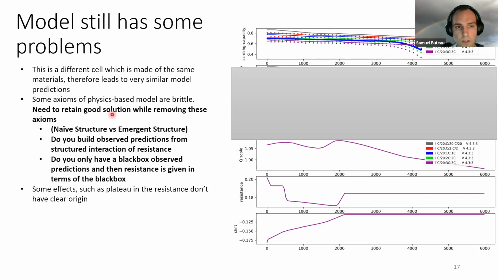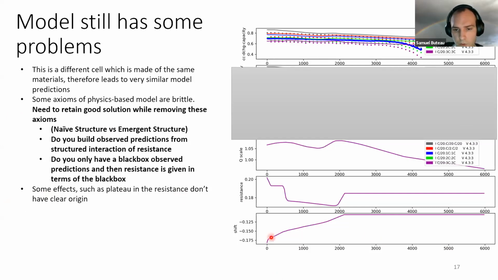Another thing that we noticed was that some axioms of the physics-based model are brittle, and the more you write equations, the more you try to dig deep in the structure and specify things, the more you can make mistakes, or you can come up with things that are approximately correct most of the time, but they're not quite what you want. And this does not interact well with having neural networks in the process.